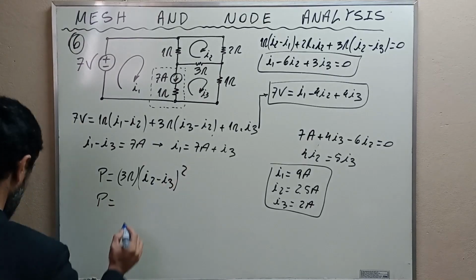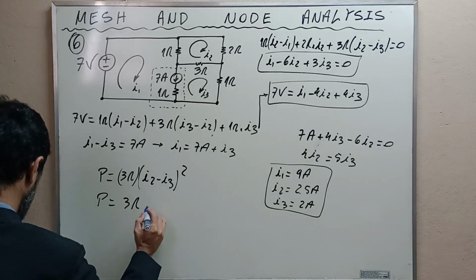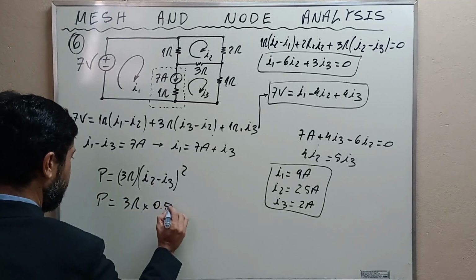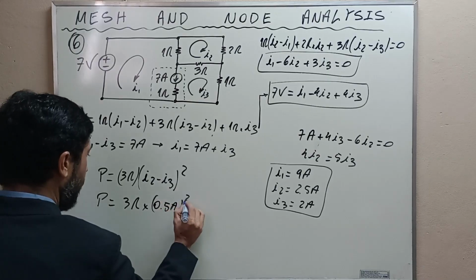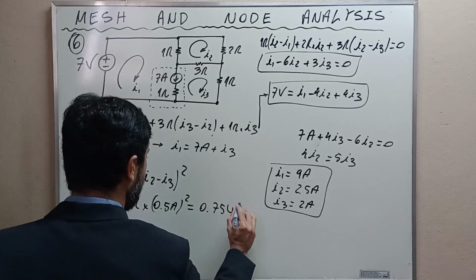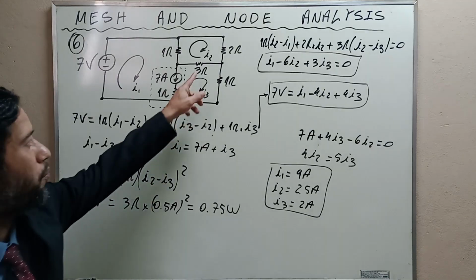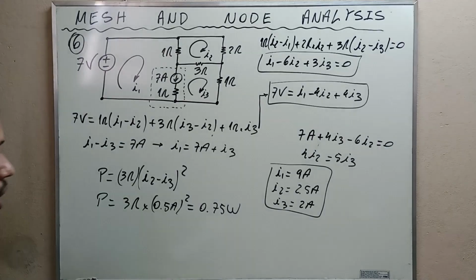P is equal then to 3 ohms times 0.5 amps squared, and this is equal to 0.75 watts. Alright, my friends, and this is precisely the solution of the exercise. This is the power dissipated in this 3 ohm resistor.